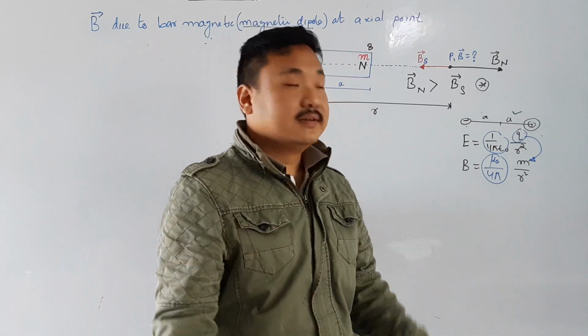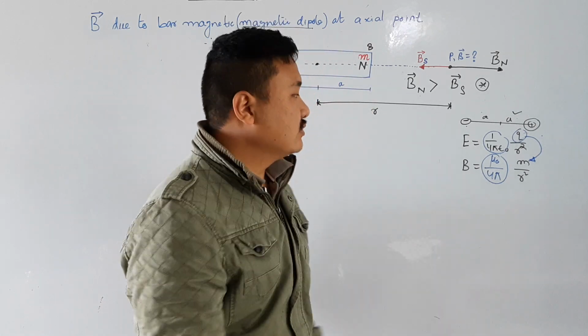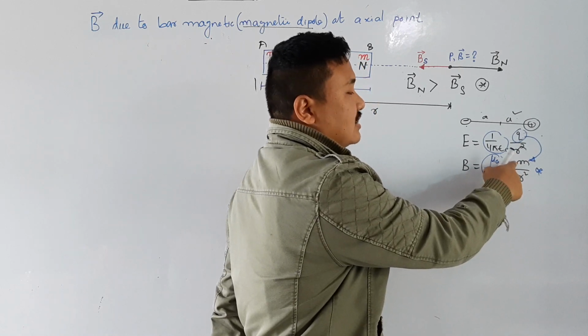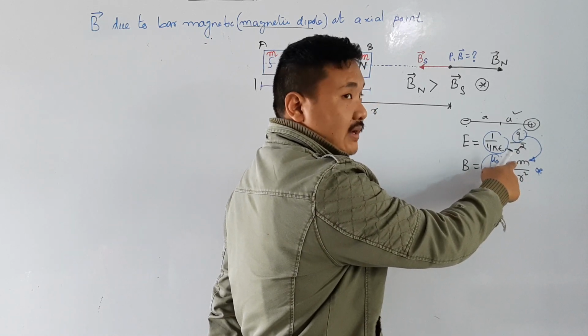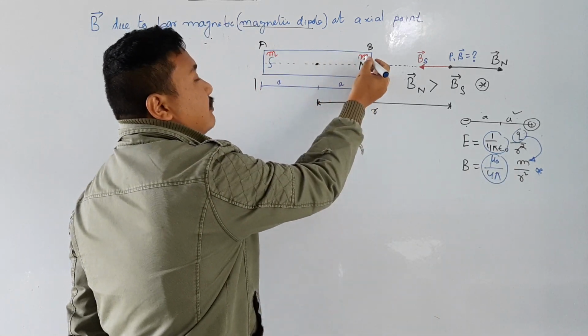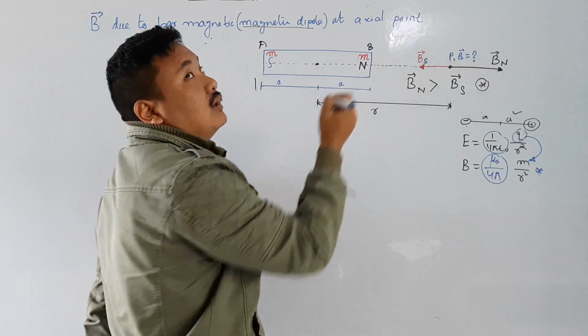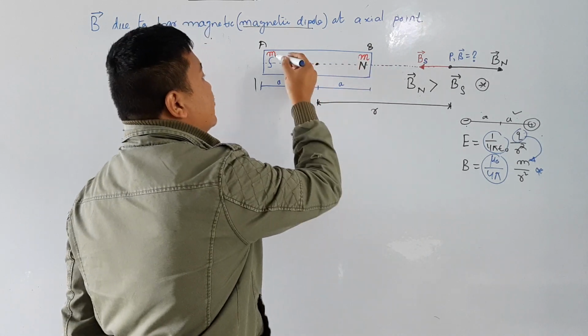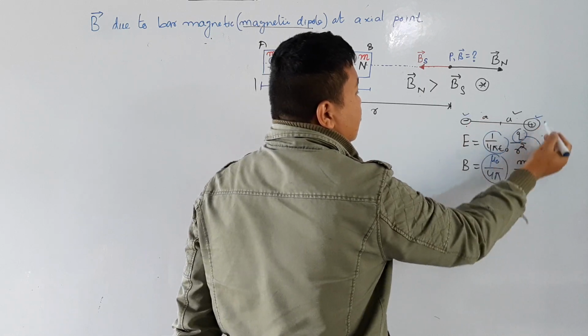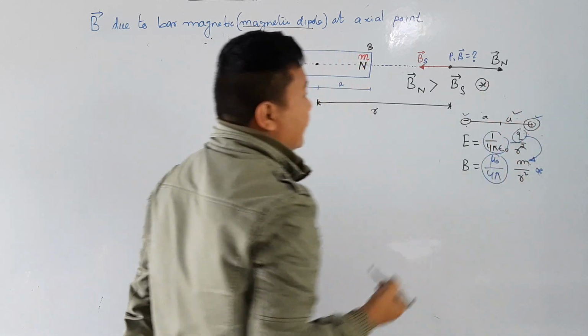It is simple. So the magnetic field is this. If you want, you can write it somewhere here. Why is this replaced by m? Because at the poles we have pole strength, that is m. In the electric dipole there is charge, so this was q and that is m.